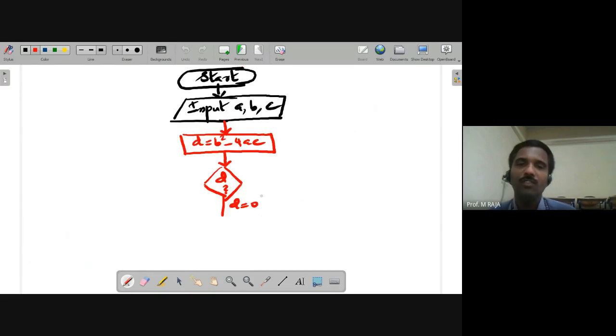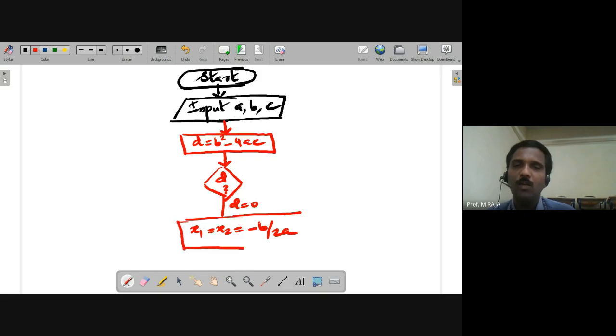So in this case, when d is equal to 0, I write the computation shortly: x1 is equal to x2 is equal to minus b by 2a. If you want, you can add a message: the roots are real and equal. This is the flow when d is equal to 0.